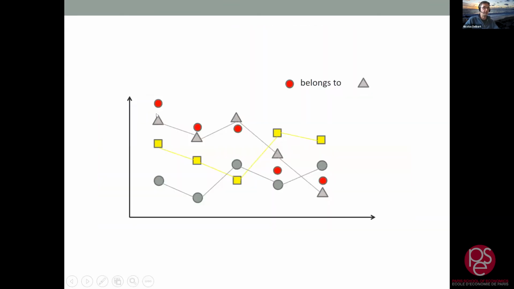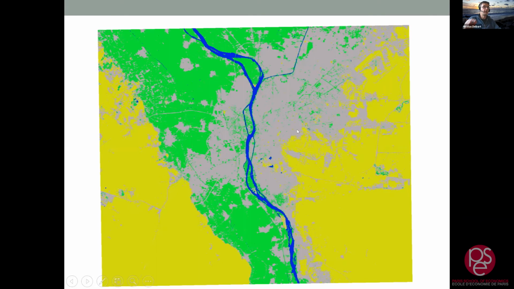So basically this to the square plus this to the square plus this to the square, and the same thing for each of the classes. And the pixel is attributed to the class to which it looks the most. At the end, we obtain something like that, which is a map when all the pixels in the image have been compared to each of the classes.